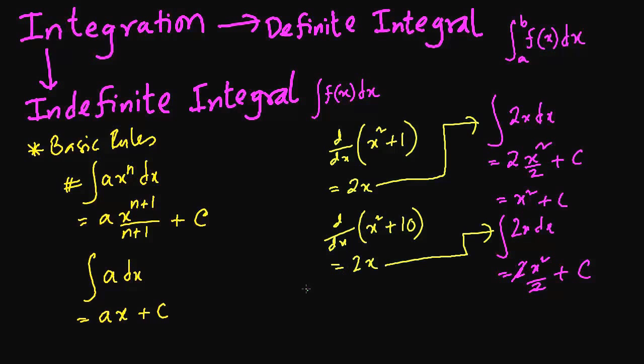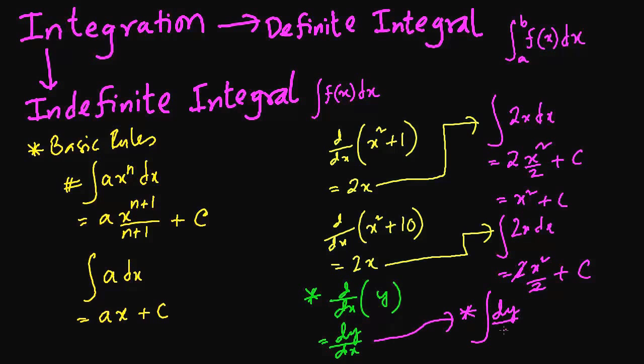When we differentiate y, we get dy by dx. So by that rule, when we integrate dy by dx, we get y, because this dx and dx cancel off and integration of dy is y.